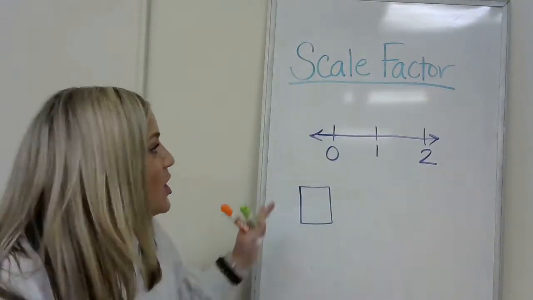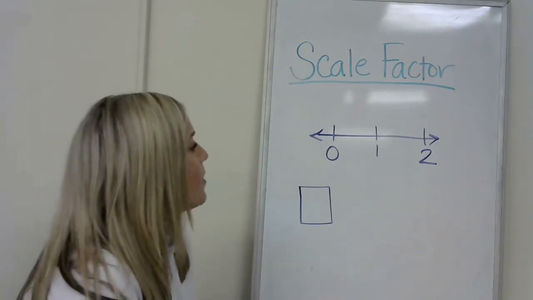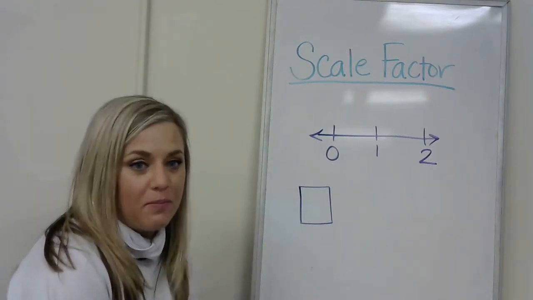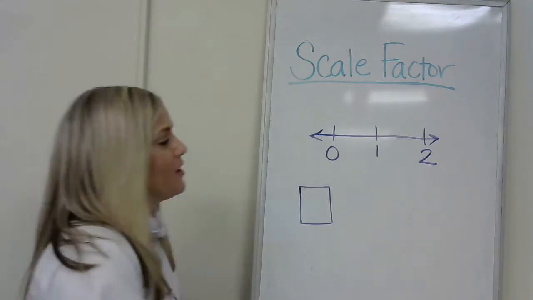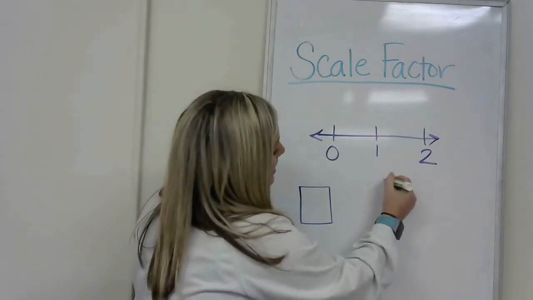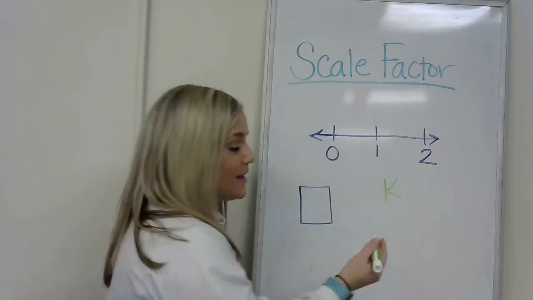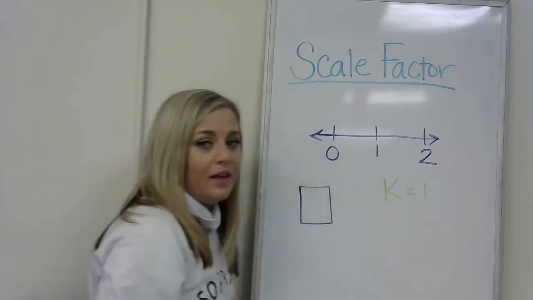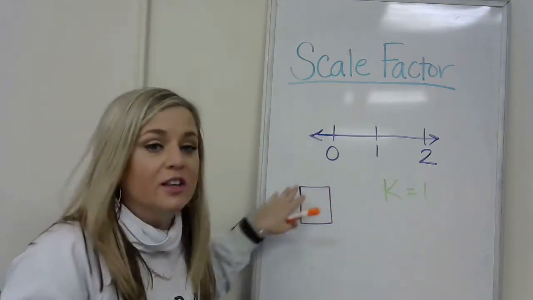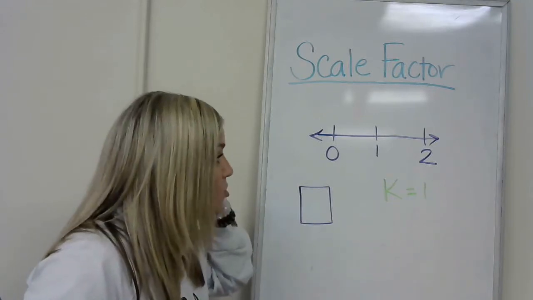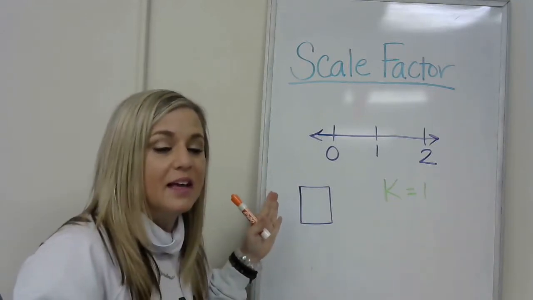Okay, so let's talk about scale factor. Here is just this regular shape I have. So when the scale factor, which is K, is equal to 1, there's no change in the shape. Okay, so if my scale factor is 1, the shape stays the same.